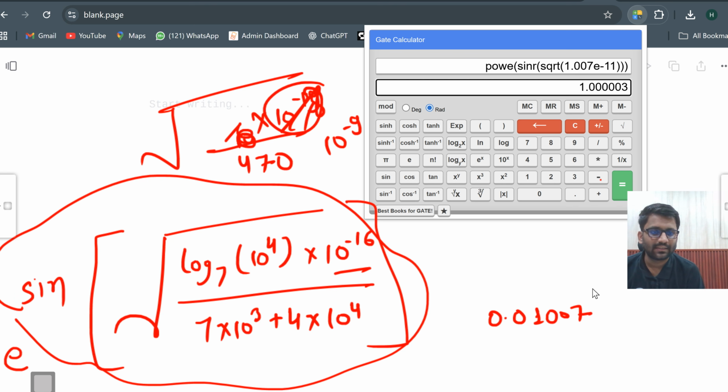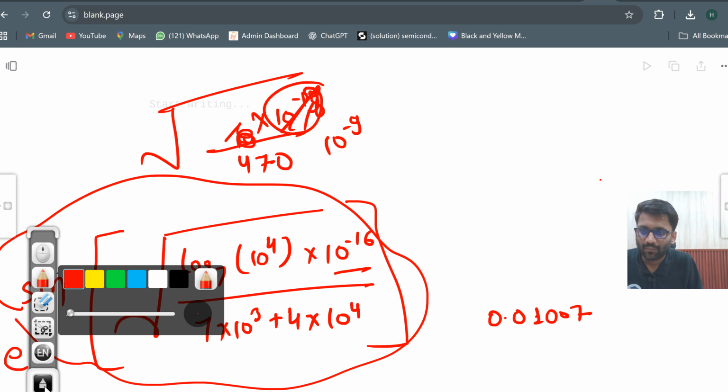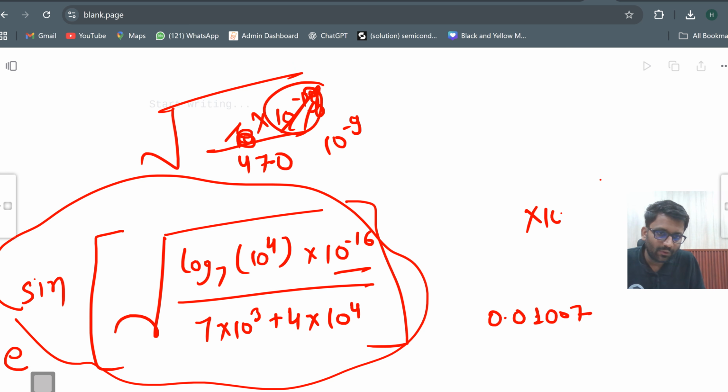So the bottom line is that wherever I stop, mostly I stop when 10 to the power something into some number, let's just say 7, is coming. So I have calculated this 7. So now I will stop, and again start my calculation, because 10 to the power something I will put first.